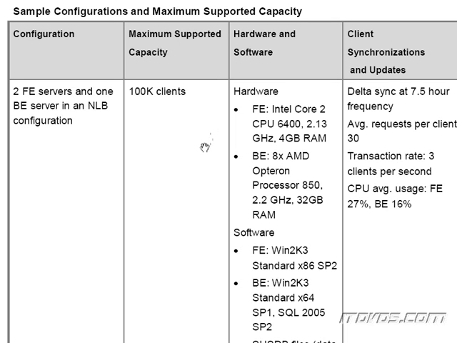And for your back-end server, in this scenario, most likely you would have a clustered SQL server. As far as the hardware goes, for the front-end servers, you're talking about Intel Core 2 CPU, 2.13 gigahertz with 4 gig of RAM. Your back-end server has 8 Opteron processors, 2.2 gigahertz with 32 gigs of RAM. So these are fairly beefy machines, but this is to support 100,000 clients. That's a fairly large company.